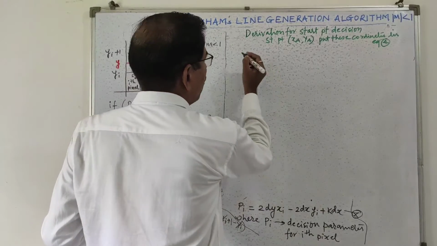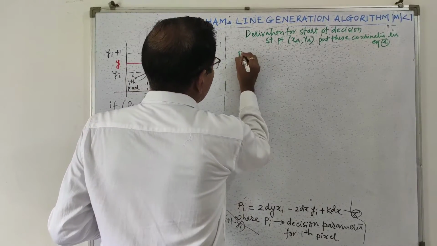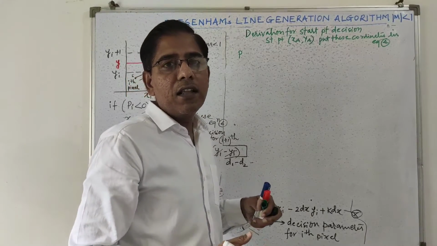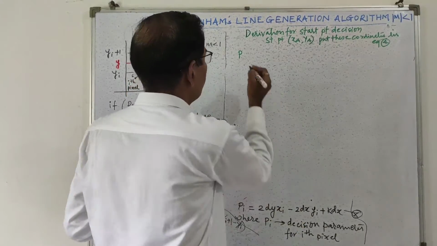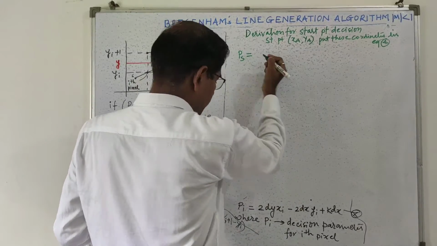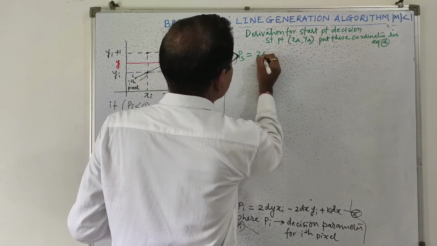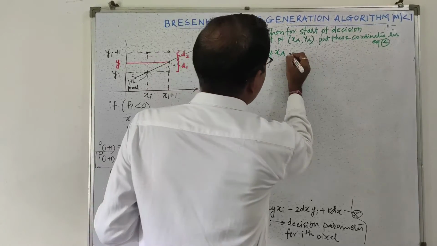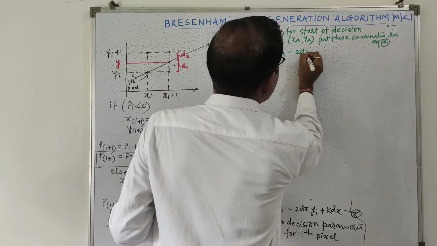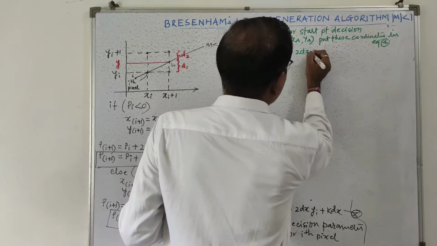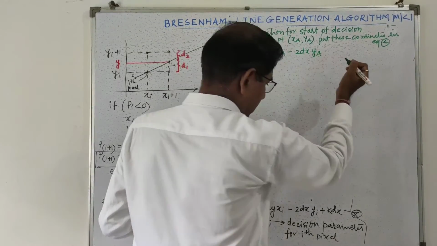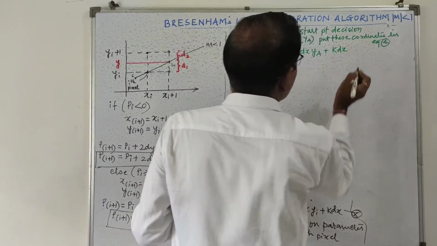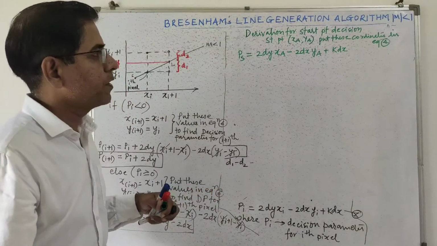So equation 4 becomes, now this pi is replaced by ps because we are deriving a start point decision parameter. So ps is equal to 2 dy into xa minus 2 dx into ya plus k dx.